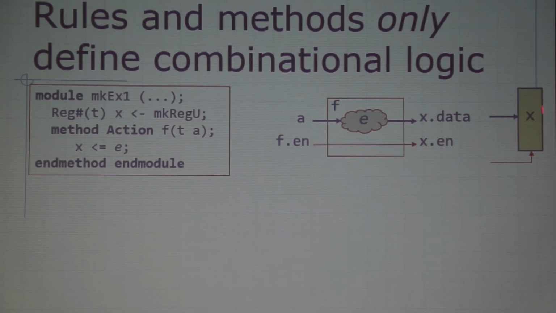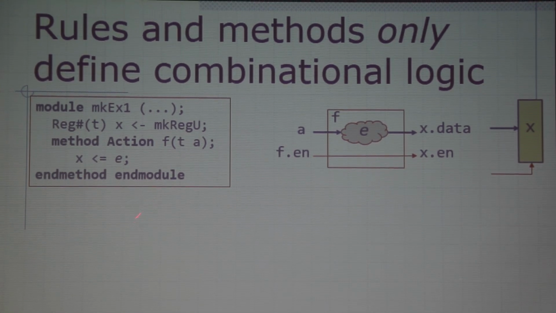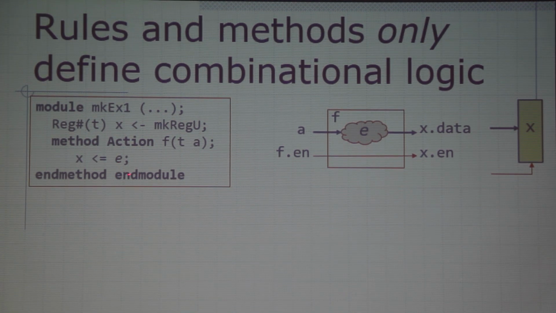What is the rule of this action method? It's saying, please compile this E expression for me, and you can take A as input, because A came in as input in this, and it produces X as data. And when should this happen? Whenever this method is enabled. So I'm taking the enable part of the F interface, and I'm producing.